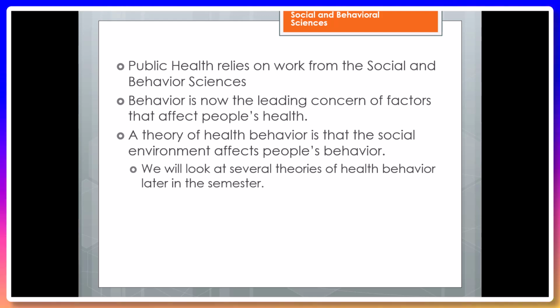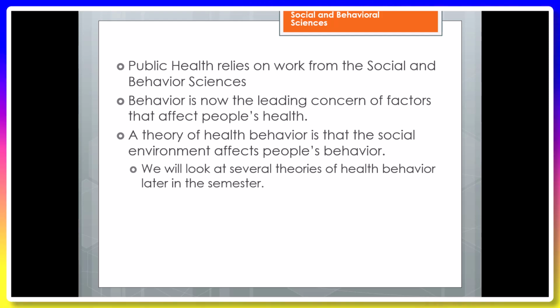But in terms of health behavior and the social environment, major health threats such as tobacco, poor diet, physical inactivity, and injuries are often shaped by our environments and by the behavior choices that we make. We know that certain ethnic minority groups also have an increased risk for a variety of health problems, and that is a combination of the social environment and the effects that it has on people's choices and people's behaviors.